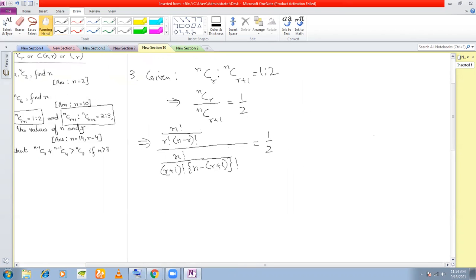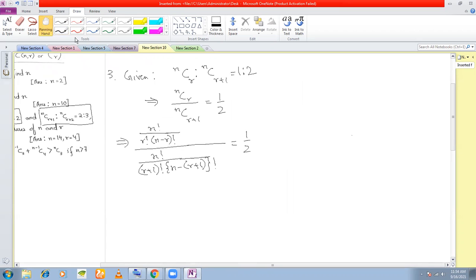Okay, so now see that factorial n and factorial n are going to cancel. So in the numerator, what you are going to get is (r plus 1) factorial.